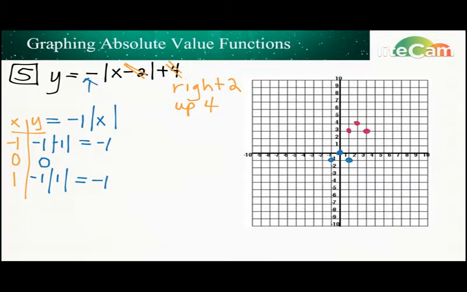I just need to move each of these points right 2, up 4. Same thing, still upside down, and then just draw my graph. All right, so that's it for this set of problems. Let's try the next problem that includes the inequality.